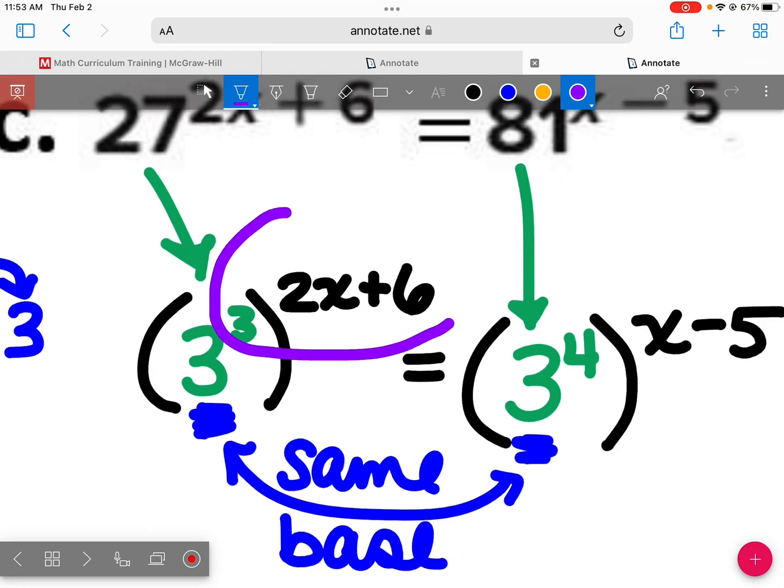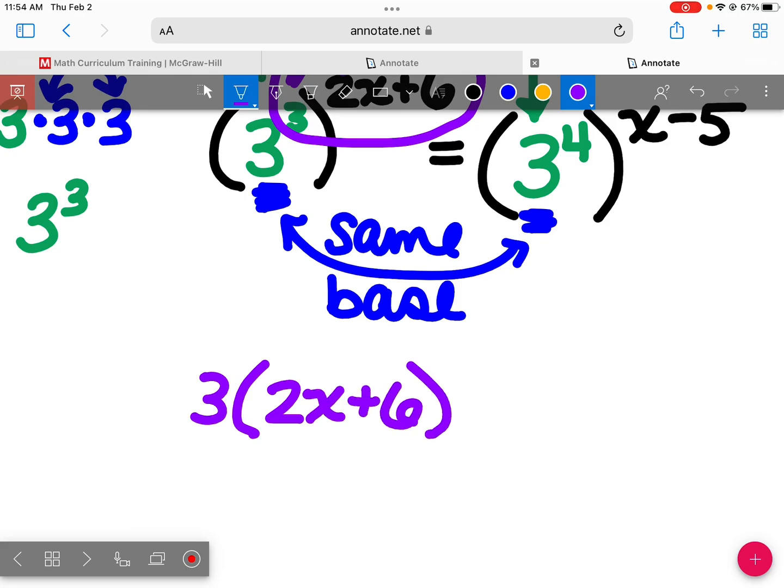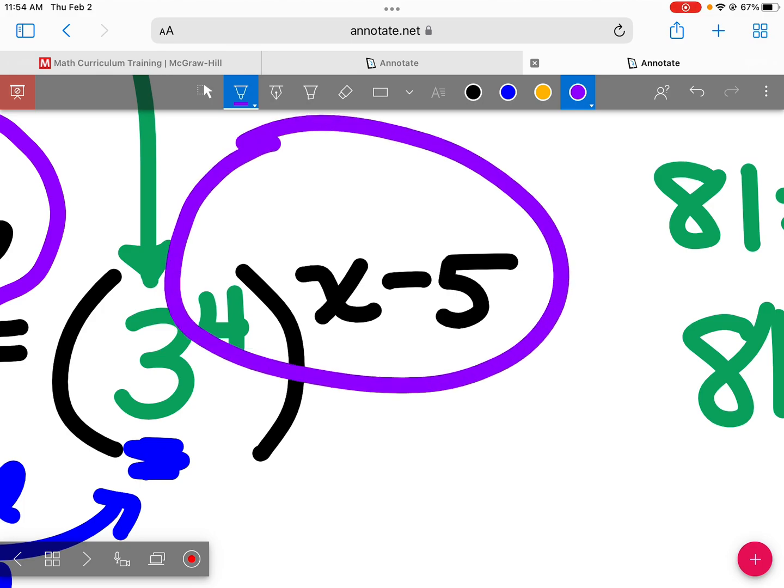What do I do over here with these exponents? Yep, we multiply the 3 by the 2x. What else? We still have to distribute this guy. We have to distribute that inside exponent, the 3, to both of the pieces that were already the exponent. Over on the right, what do I need to do?